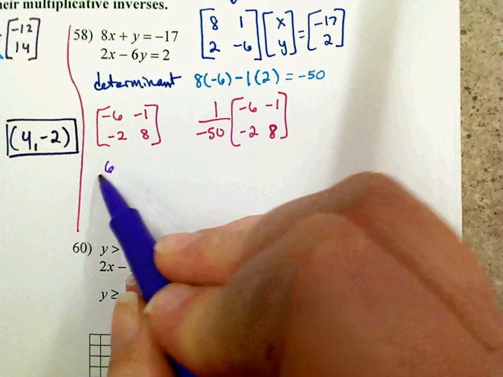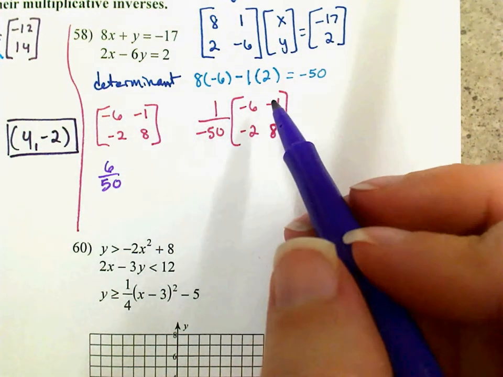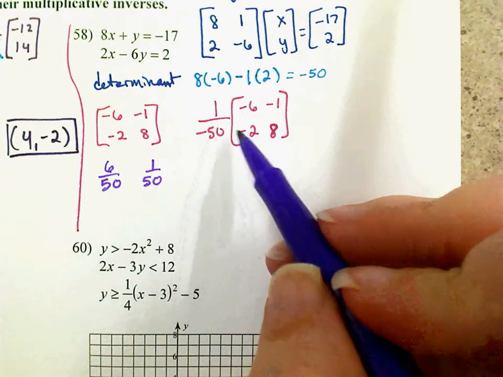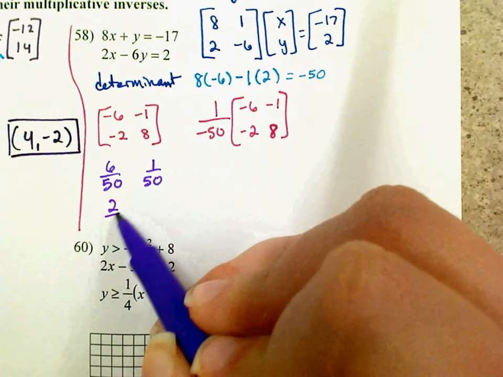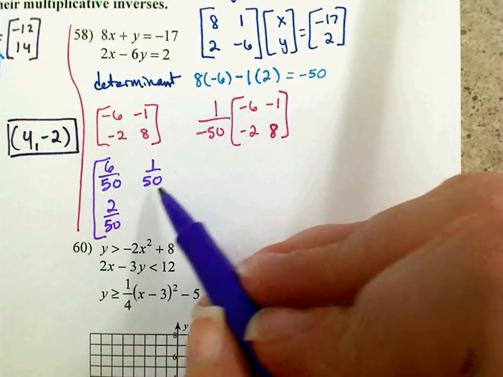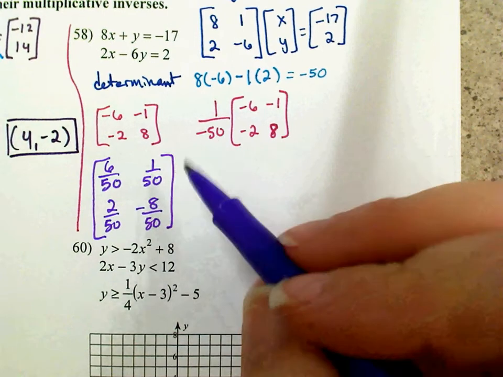Good, 6 over 50, positive, negative times a negative. -1/50 times -1 is a positive 1/50. -1/50 times -2 is a positive 2/50. And -1/50 times 8 is a negative 8/50. And then we're going to multiply all that times what?